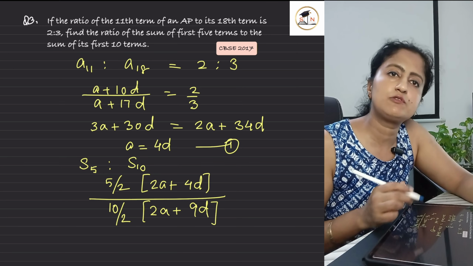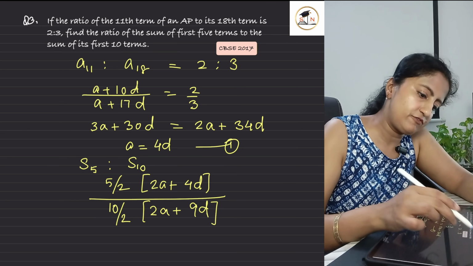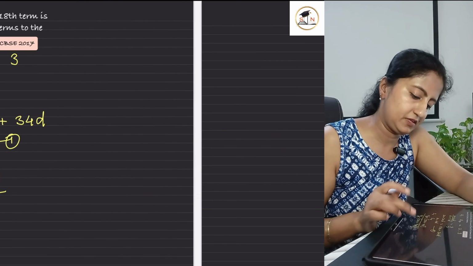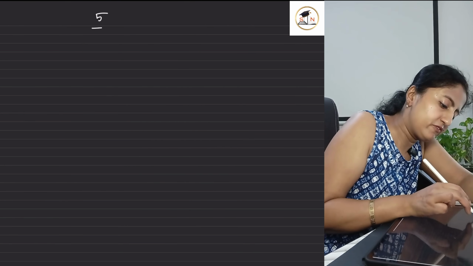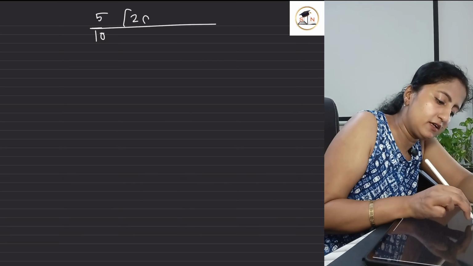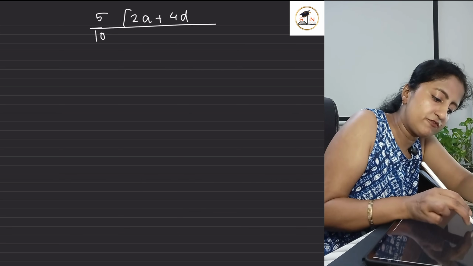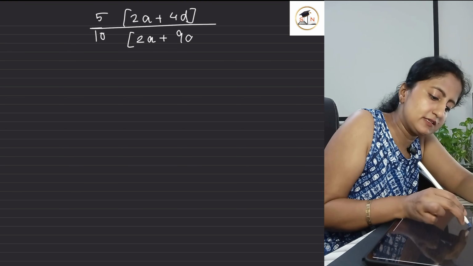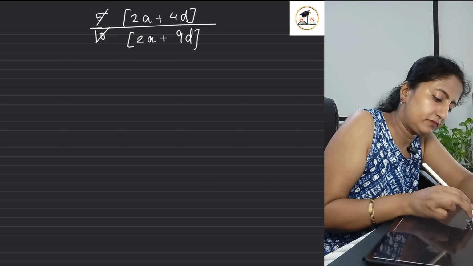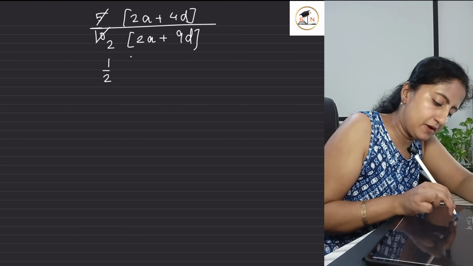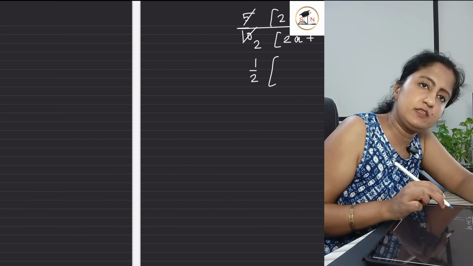So now we are just going to simplify it further. First of all, this 2 denominator gets cancelled. Okay, so we are left with 5/10. On top, we have 2A plus 4D. In denominator, we have 2A plus 9D. This gets simplified. Now, in the next step, I'm going to replace A with 4D.